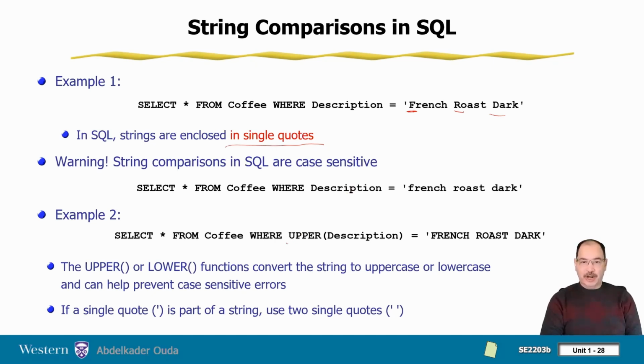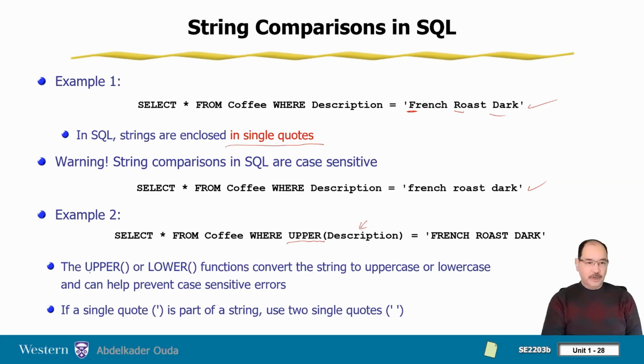Something like the upper method. Upper says that between the brackets, convert everything in this string to all uppercase letters. And then you can compare it with FRENCH ROAST DARK with all caps. That means we're going to take this value and this value, convert it all to uppercase characters, and then compare it with this. In this case, we're going to retrieve both of them.